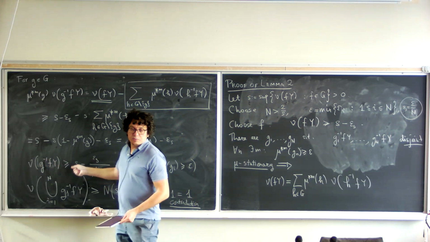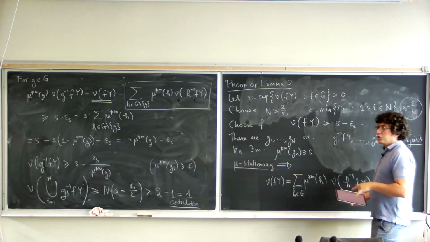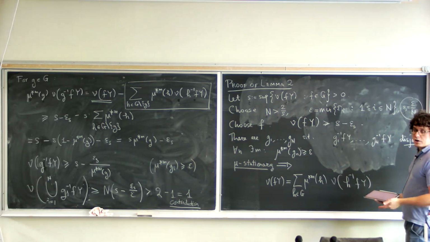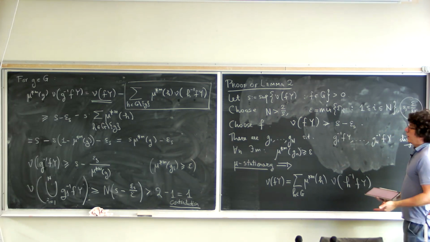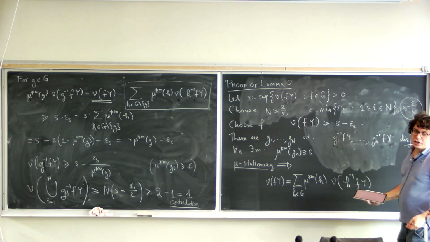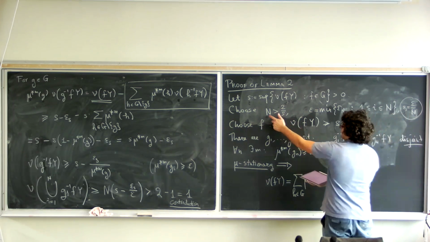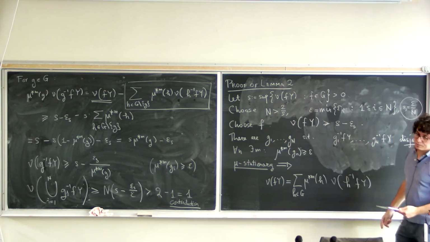But by the other condition, they are disjoint. So if you sum over all of them, you get too much measure. That's basically the point. And you have infinitely many elements to play with at the beginning, so you can pick this n big enough, based on S.